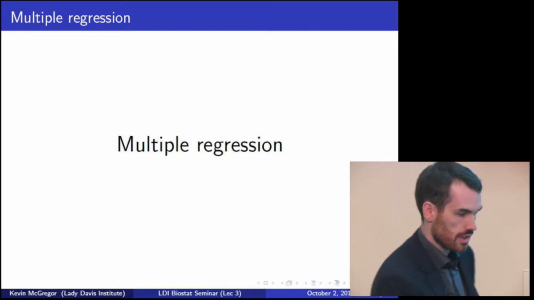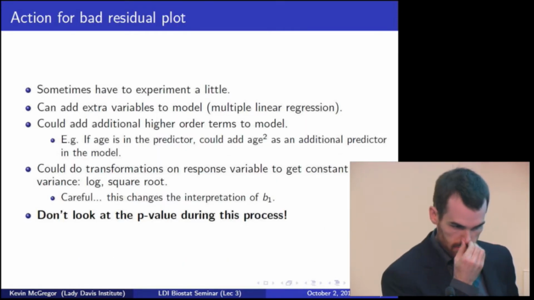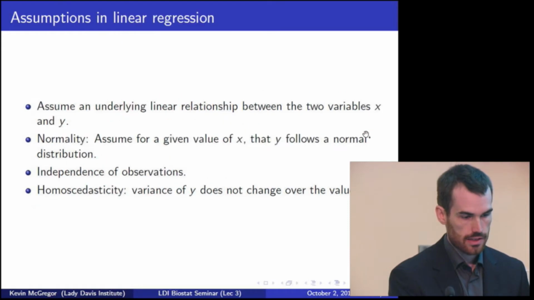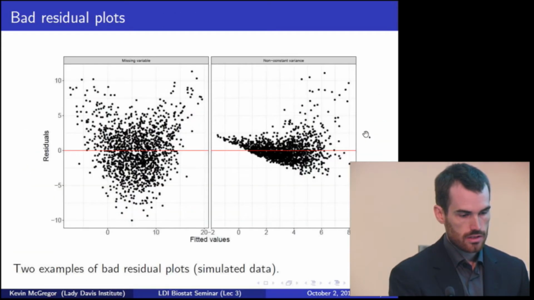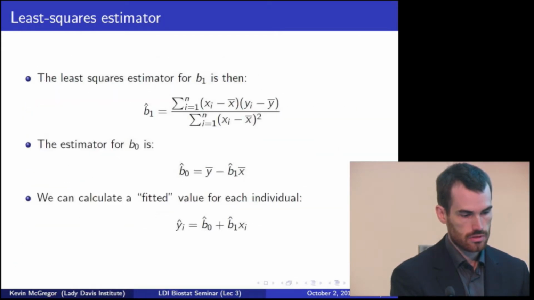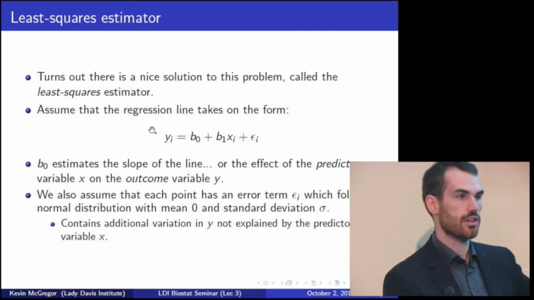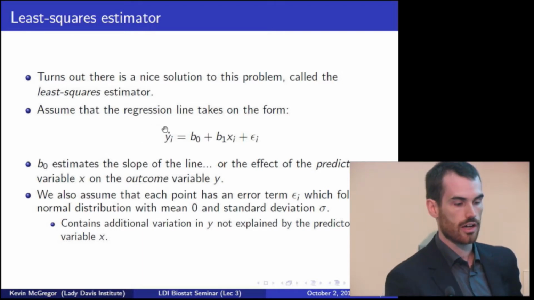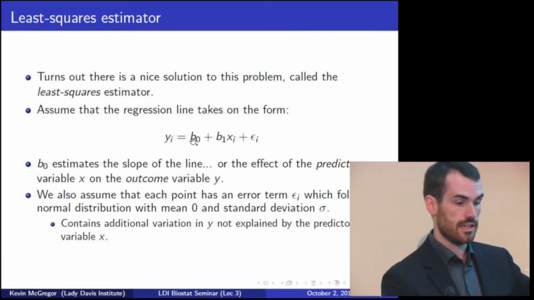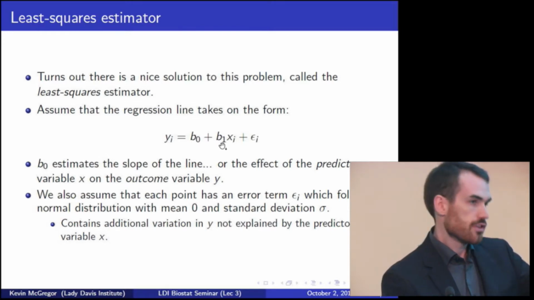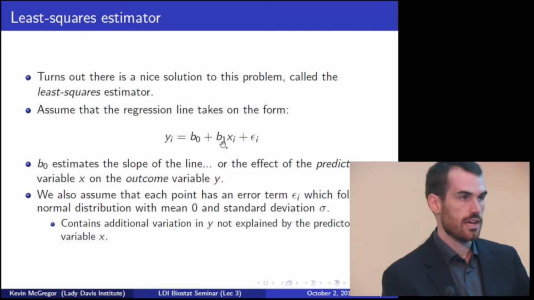You're still going to have this model right here, but on the left side, let's say you're doing a log transformation, you're going to have log of yi equal to beta 0 plus beta 1 xi. And so you are going to get different values for beta 0 and beta 1, but that's okay because now the interpretation is different.